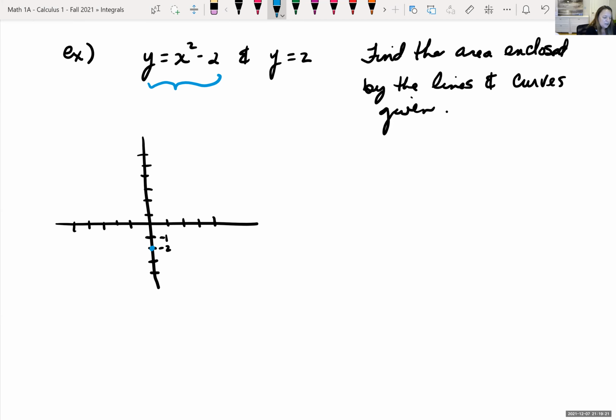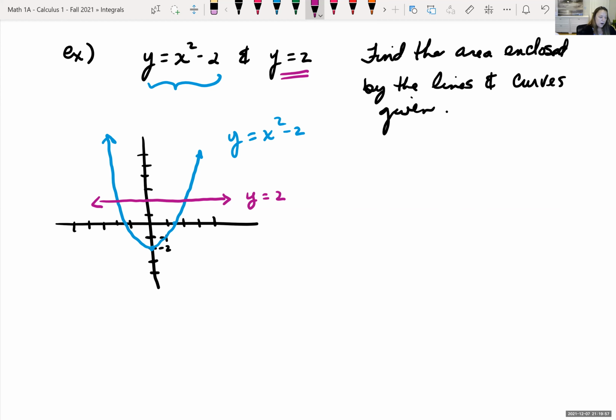I know that it's going to cross the x-axis about here, at the square root of 2. So this is what our graph of y equals x squared minus 2 looks like. And then if we were just to graph y equals 2, that's just a horizontal line going through 2.